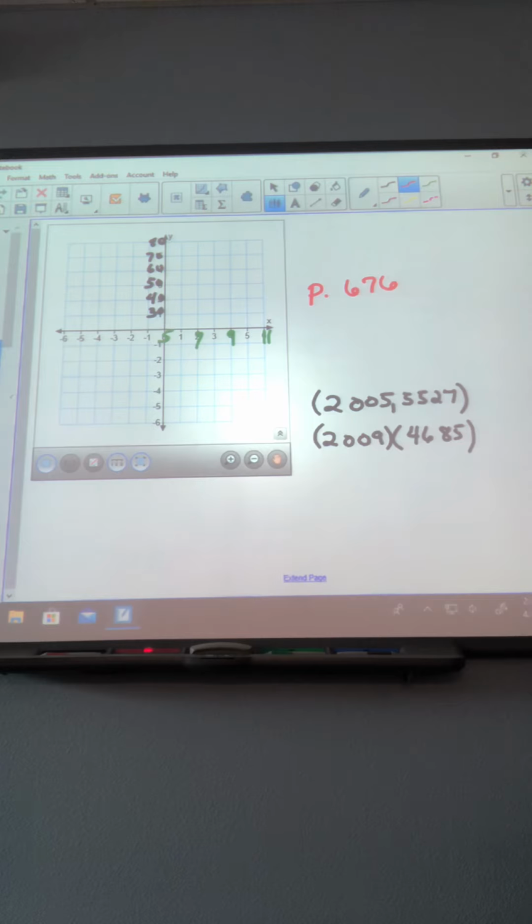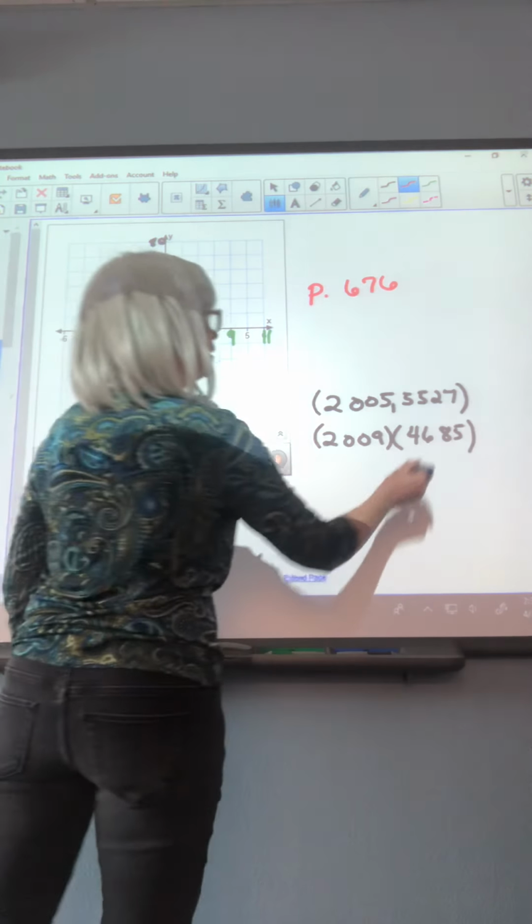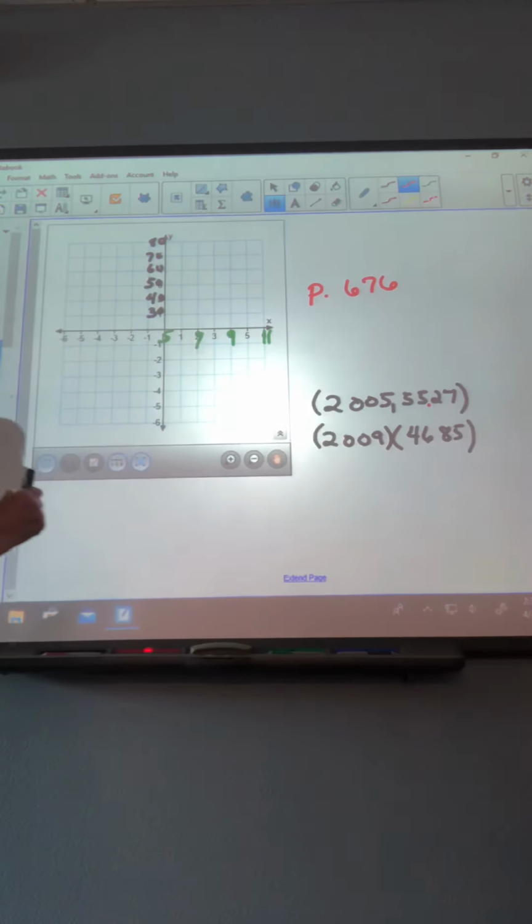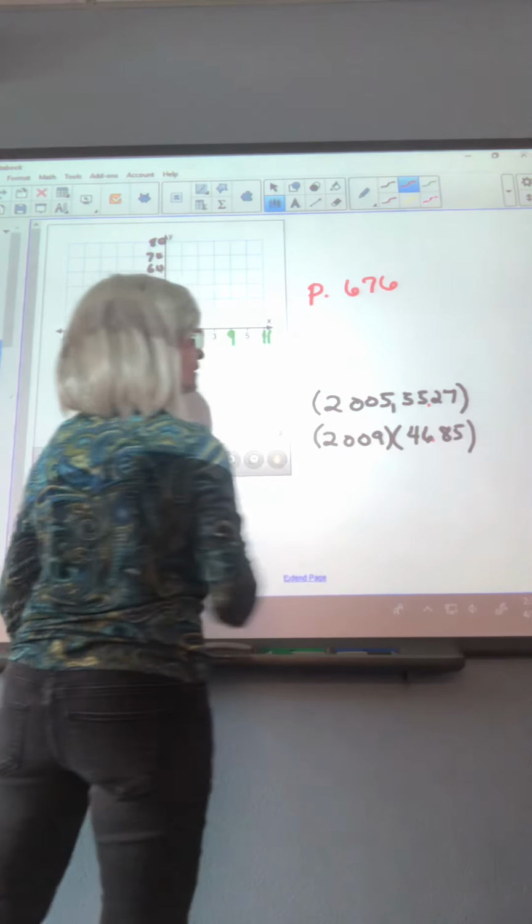Okay, so we're given a few numbers. And you can see on the graph it says 2005 there were 55.27 million papers distributed. And then in 2009 it looks like there were 46.85 million.